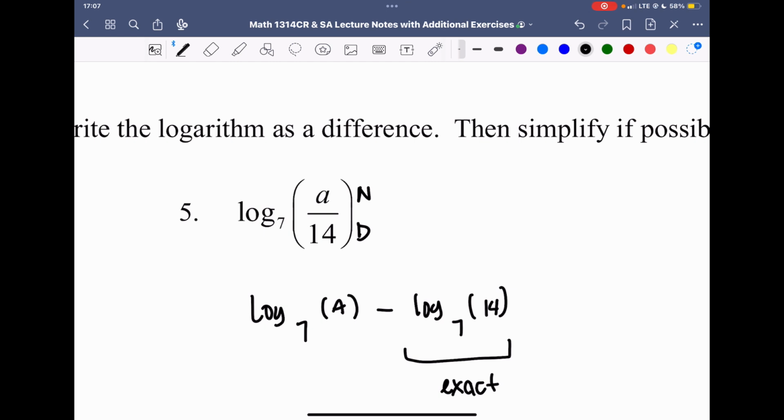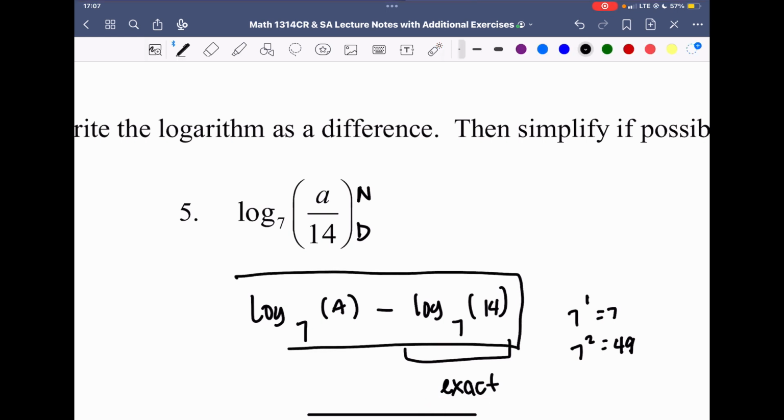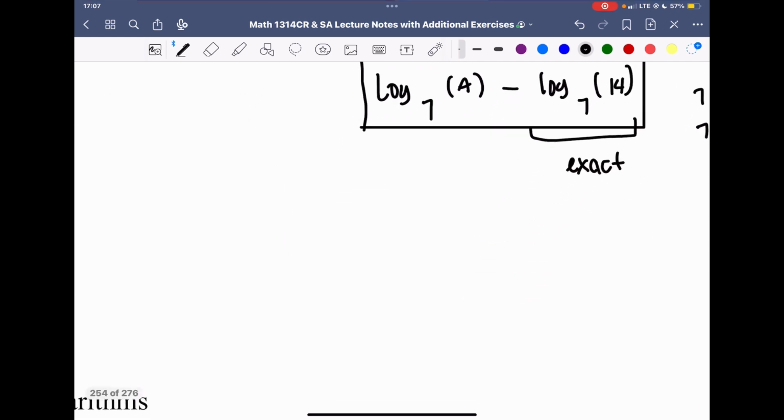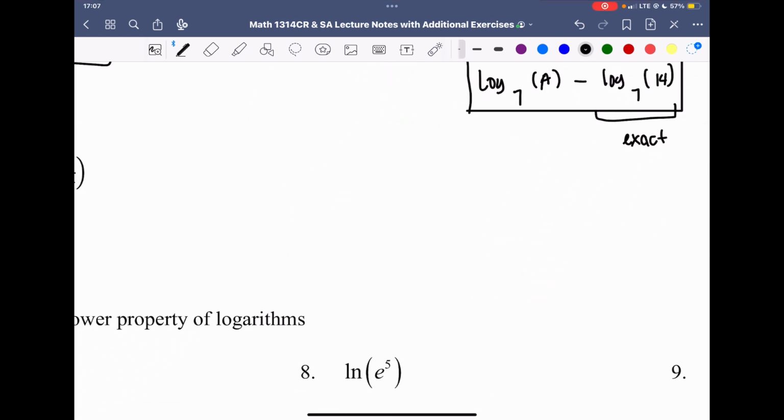You're looking for multiples of the number, as you would do it, like 7 to the first would be 7, 7 to the second equals 49. So again, putting this into the calculator is going to give us a decimal, and we're looking for an exact number. So our solution here is log base 7 of a minus log 7 of 14. It's supposed to be a.